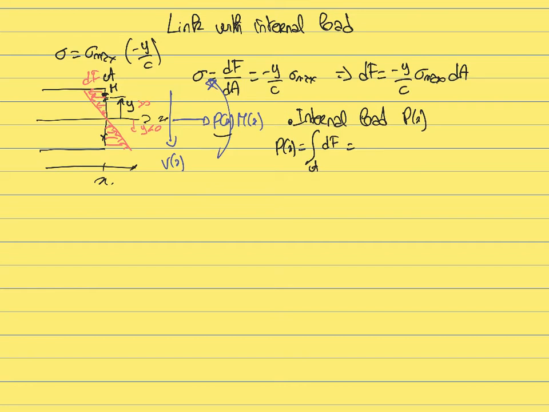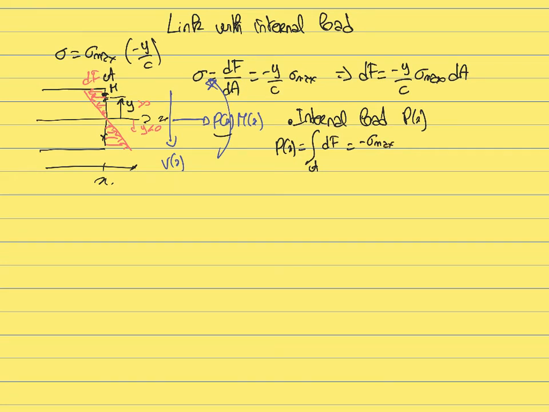Y depends on where the point M is located on the cross section, so I cannot take it out of the integral. On the other hand, sigma max is the maximum stress at the position x. This does not depend on the location of the point M. This is just the maximum stress, which is located at the very bottom of the beam. So I can take it out of the integral.